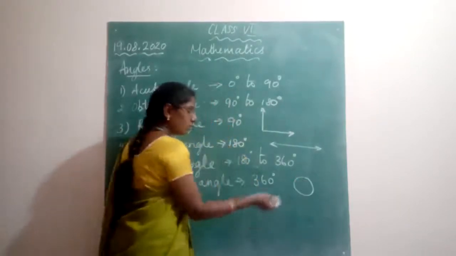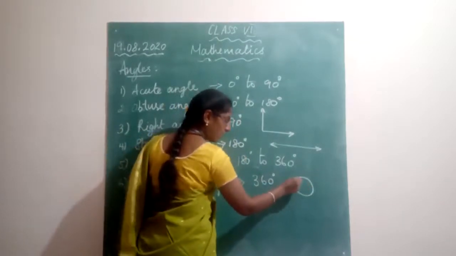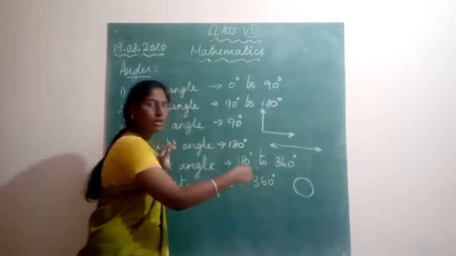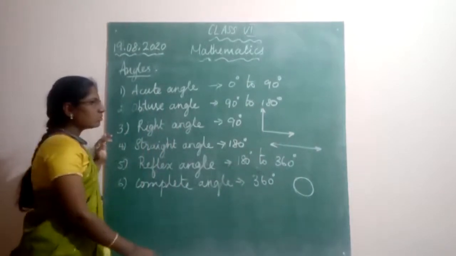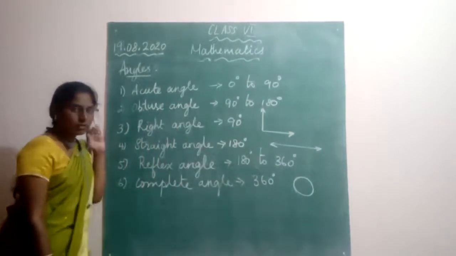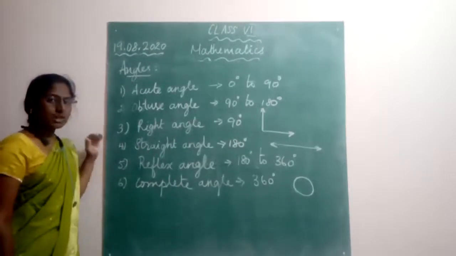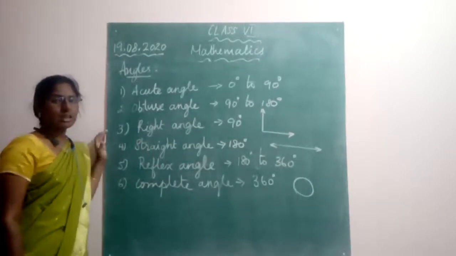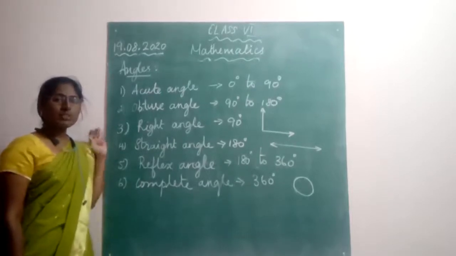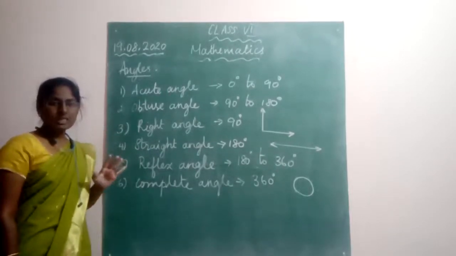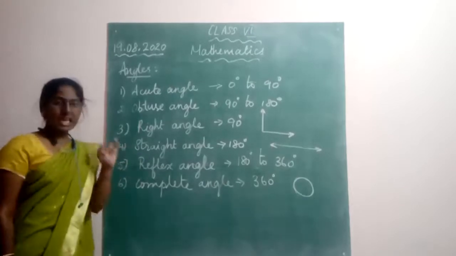Okay, if you go beyond 360, then it is again coming in circular direction. Okay, so kindly keep this in your mind. So what will be the measure of acute angle, obtuse angle, right angle, straight angle, complete angle and reflex angle? Okay, so in the exercise 5.2, we will be dealing with problems based on all these angles, directions.